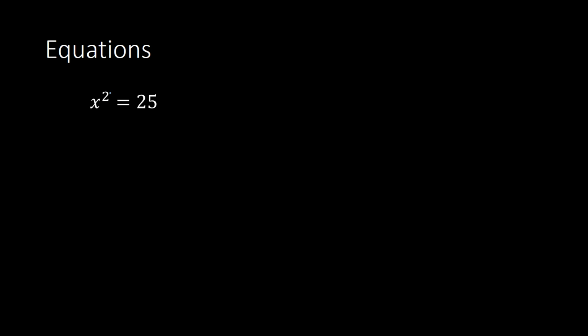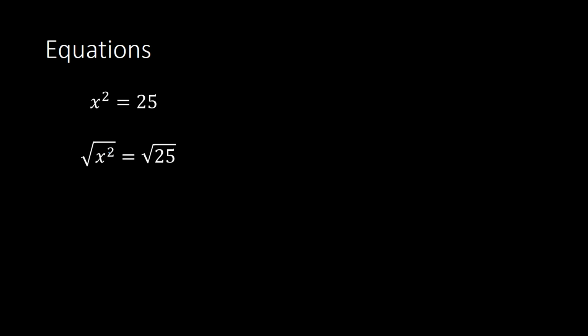In this case, the 2, the square, is with the x, so I need to get rid of the squared. As we stated previously in the lesson, squaring and square rooting are inverse operations. So what I can do to get rid of the square is take the square root of x squared.